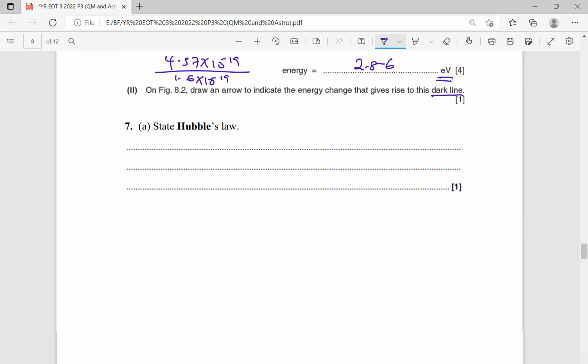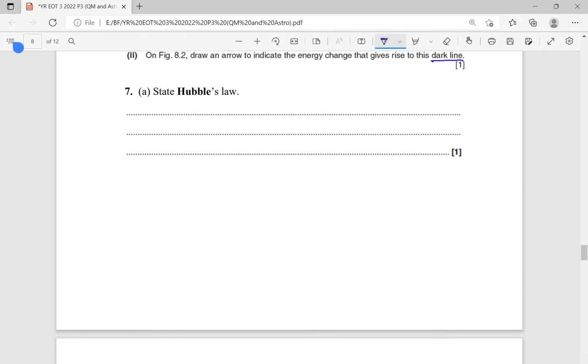Okay. Next, of course, this is no longer quantum physics. This is actually astrophysics. So number 7 is astrophysics. State Hubble's law.